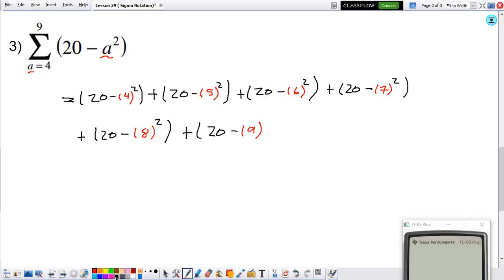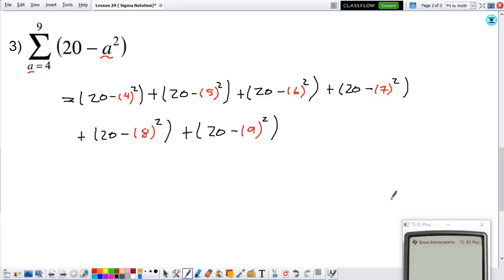The number that's on top of the sigma notation is what's going to tell you what's the last term that we're going to be substituting it to. So notice here that we're done. We have the expression. It got repeated every time, and in every single term, A changes value, and we started at 4 and we finish at 9. So this is our final answer.